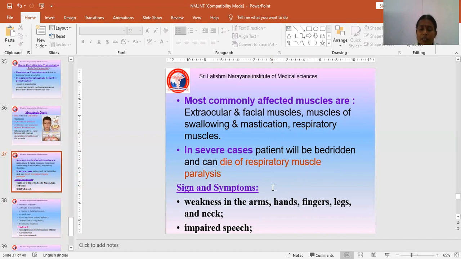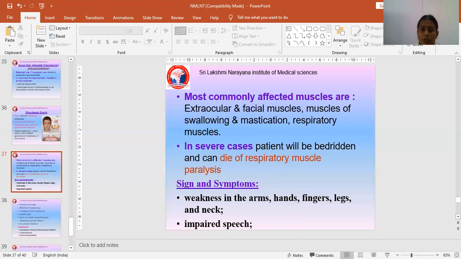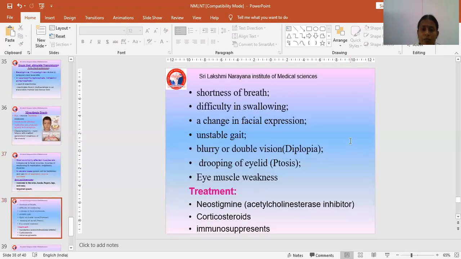Signs and symptoms of myasthenia gravis: weakness in the arms, hands, fingers, legs and neck, impaired speech, shortness of breath, difficulty in swallowing, change in facial expression, unstable gait, blurry or double vision, drooping of the eyelid, and eye muscle weakness.